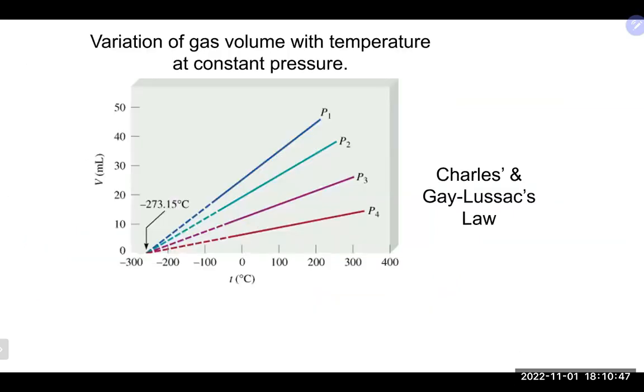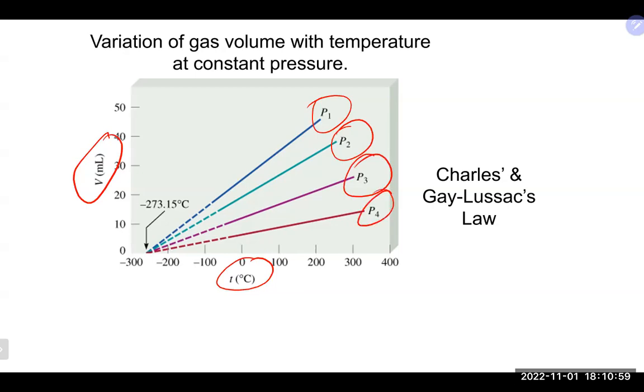Now, one of the aspects of Charles' law and Gay-Lussac's law is this: if you were to graph volume versus temperature for any gas you like, and extend the plot all the way back to the temperature axis, every single gas will hit the magical number of minus 273.15 degrees Celsius.